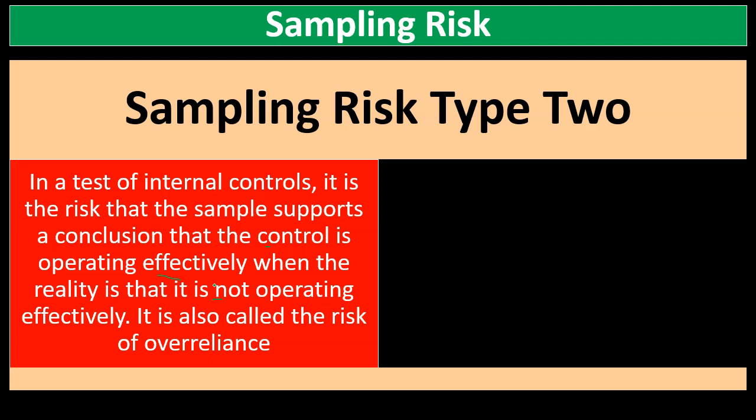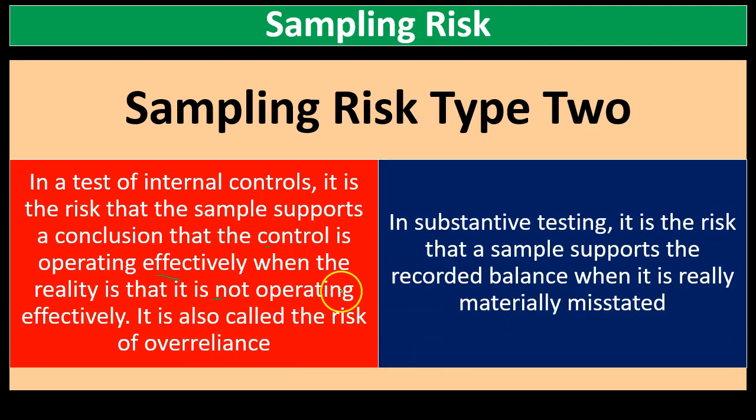We gave it a clean go on the control when it was not good. This is also called the risk of over-reliance. In substantive testing, it is the risk that the sample supports the recorded balance, so basically says that it's not materially misstated, when it is really materially misstated.